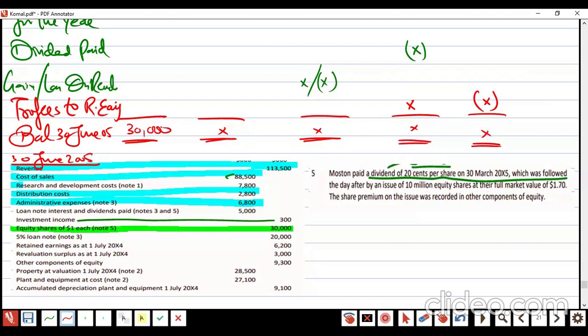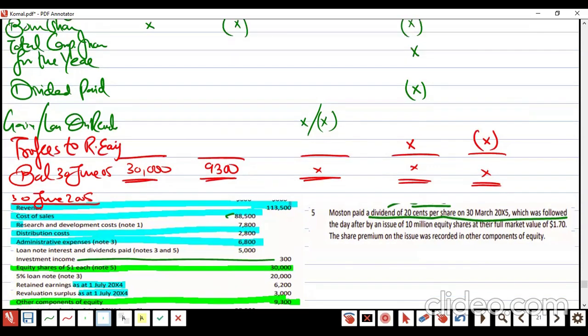Other components of equity, how much? 9,300. Again the closing balance, right? But what about the retained earnings and the revaluation? See the date.